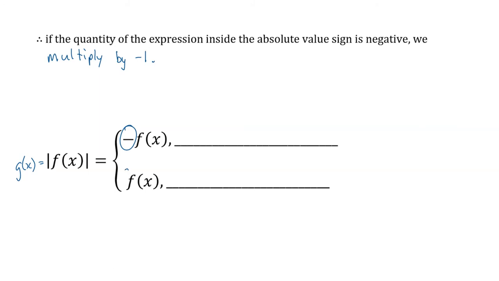If the function is positive, I leave it alone. So I'm going to use negative f at x when f at x, not x, f at x is less than 0. If the function results to a negative, I multiply by negative 1. If the function is positive, I leave it alone.